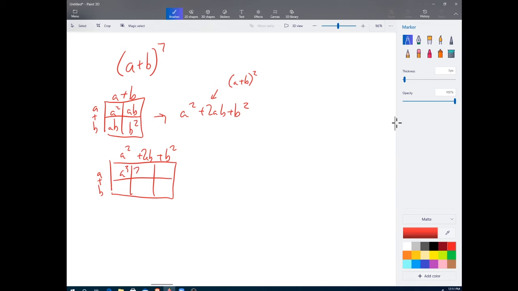A cubed, 2a squared b, ab squared, a squared b, 2ab squared, b cubed, and I get out a cubed plus 3a squared b plus 3ab squared plus b cubed, which, by the way, notice my coefficients there are 1, 3, 3, 1.